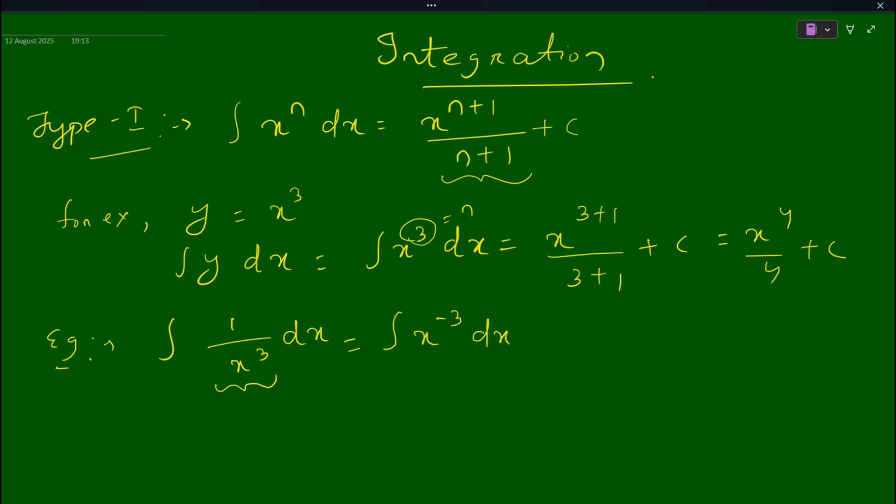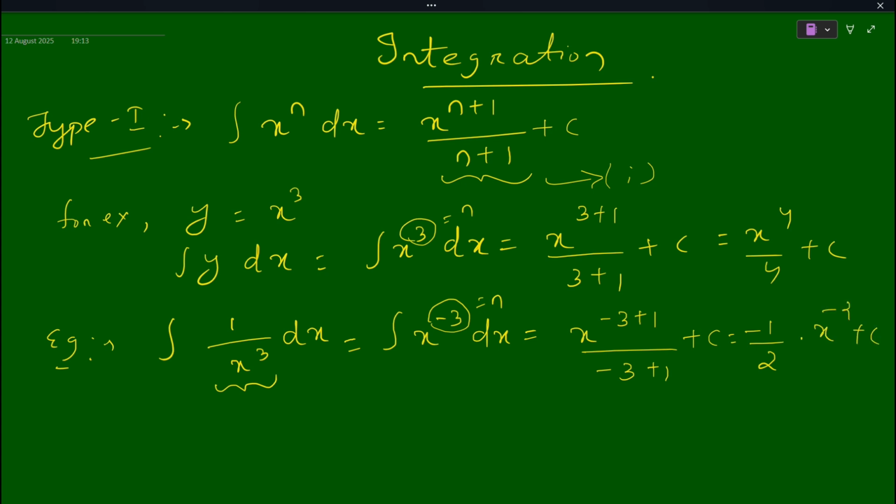Now see what is the value of n. Here the value of n is minus 3, so substitute in this formula. So this value would be x to the power minus 3 plus 1 by minus 3 plus 1 plus c. Now what is this value? Minus 3 plus 1 is minus 2, and we will take out this constant. Minus 3 plus 1 is minus 2, and this value is x to the power minus 2 by minus 2 plus c.